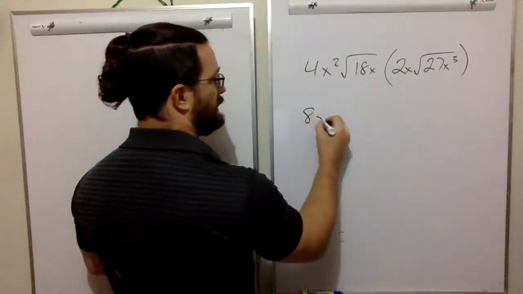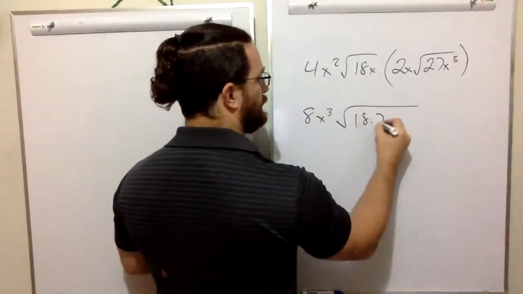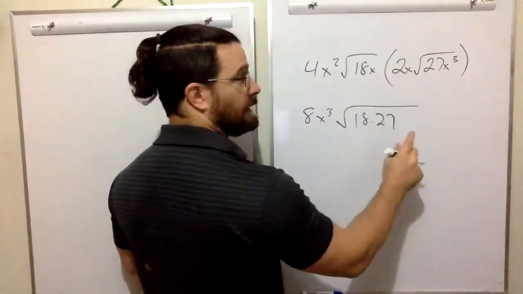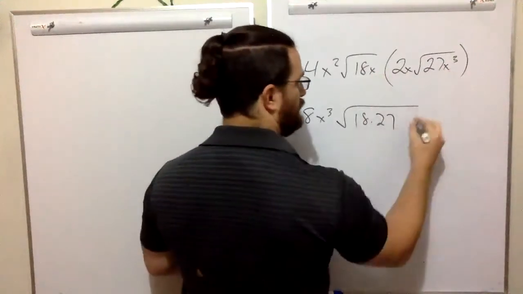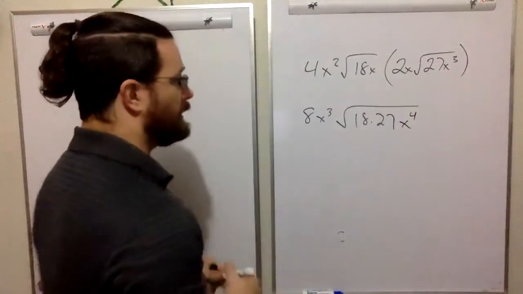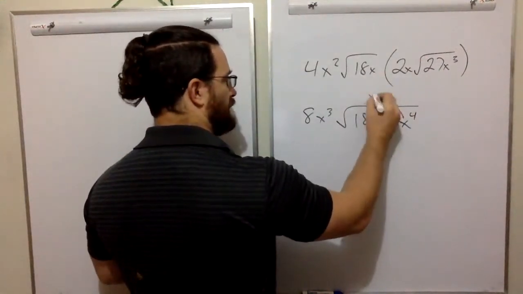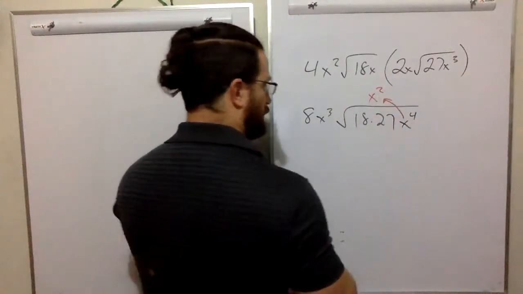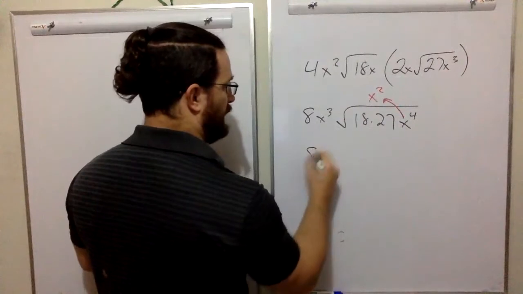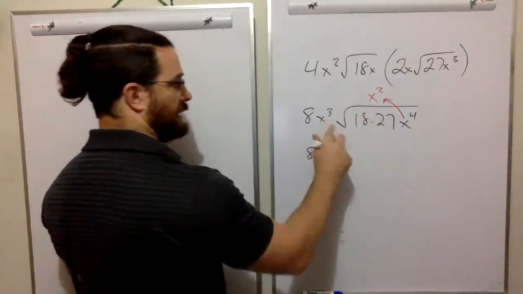So that makes 8x cubed. On the inside, I'll have 18 times 27. And remember, combine your variables first, it makes it a little easier. x times x cubed makes x to the 4th. Take our variable out first. So this comes out as x to the 2nd. That gives me 8x to the 5th when I combine it with the outside.